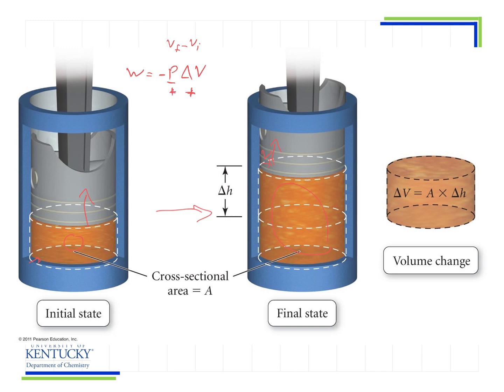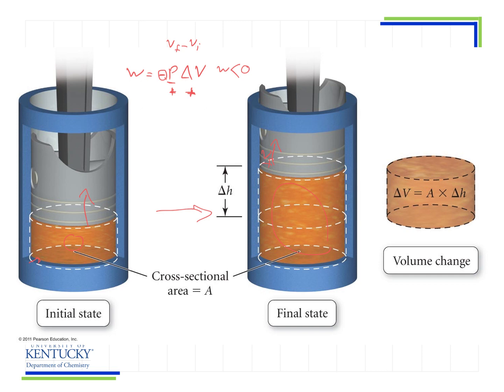Well, if you have two positive things, it doesn't matter how much it is, even if it's a very small positive number or very large positive number. But if you have two positive things and then you have this negative in the formula, then you definitely have a work as a negative number, less than zero.